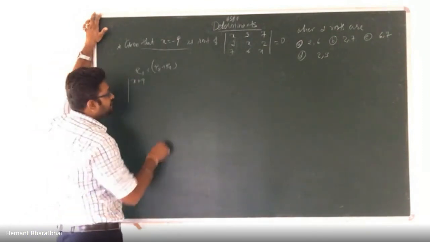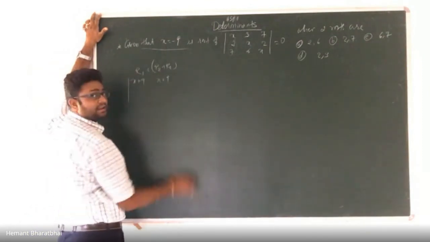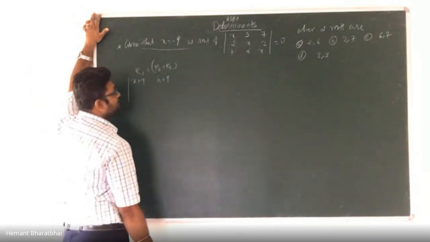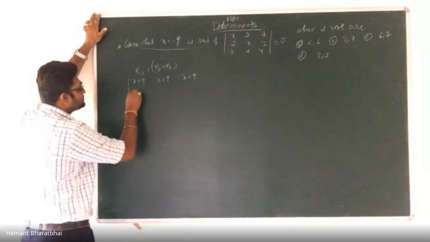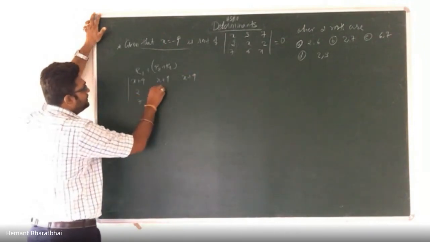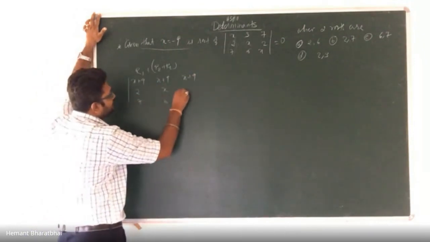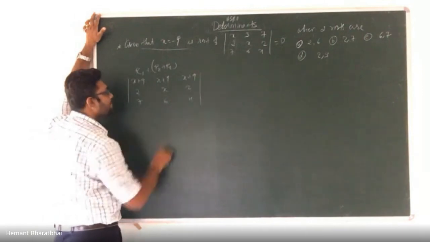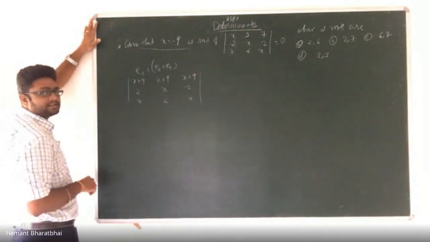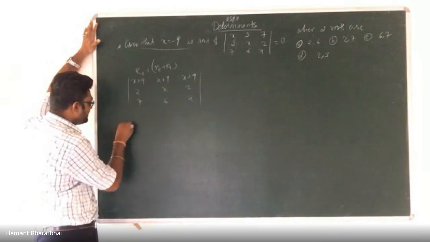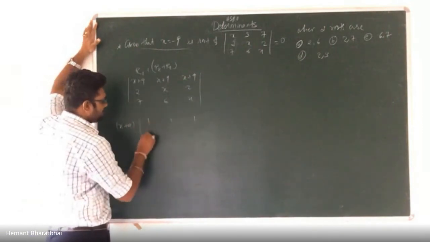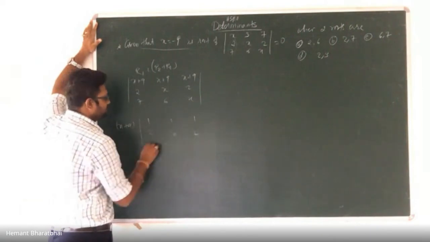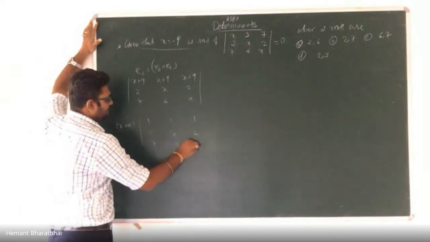Here also 3 plus x plus 6, so I get x plus 9. Here also 7 plus 2 plus x, so I get x plus 9. The other rows stay 2, x, 2 and 7, 6, x. Then I can take x plus 9 as common. Now what remains inside is 1, 1, 1; 2, x, 2; 7, 6, x.